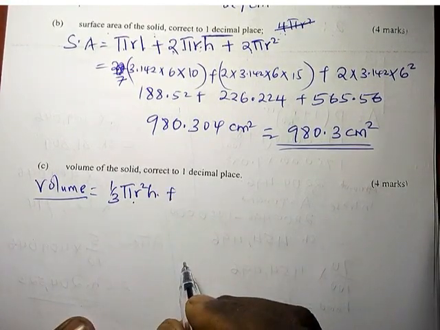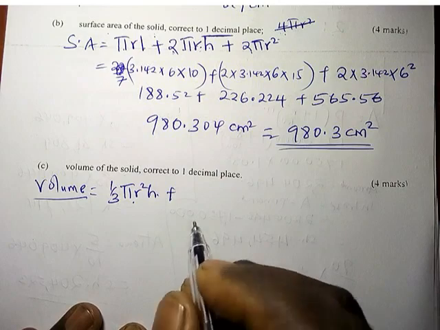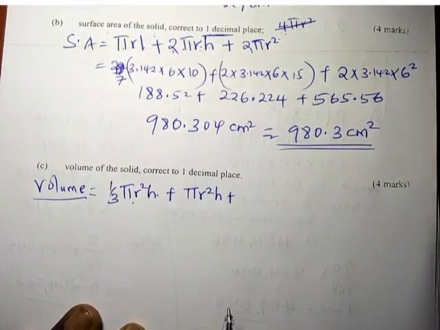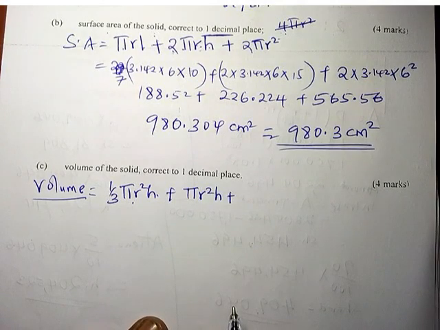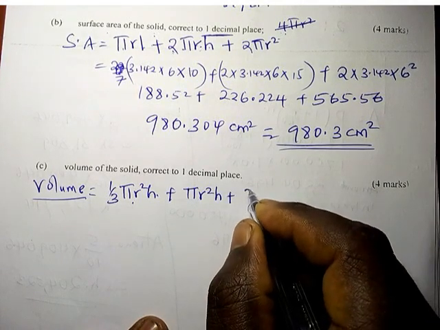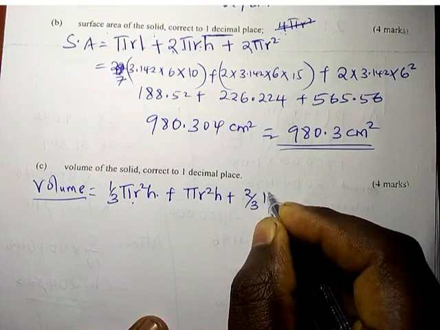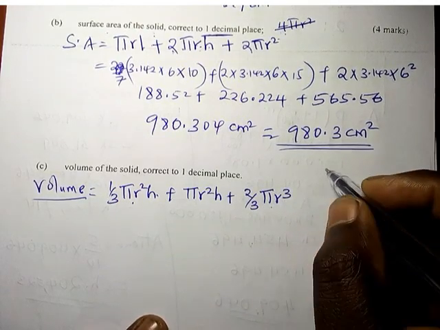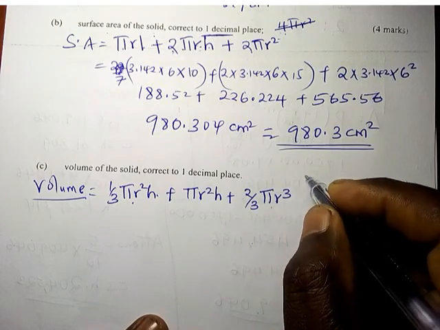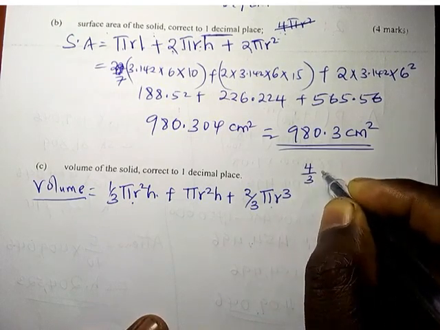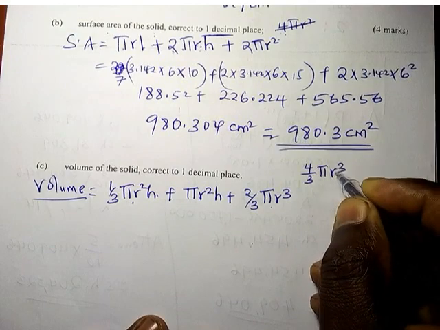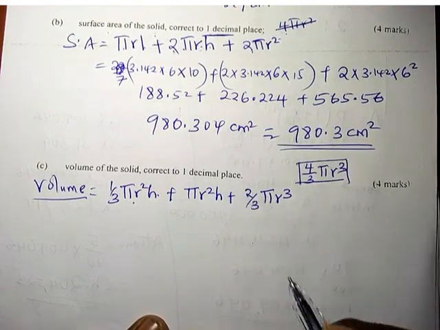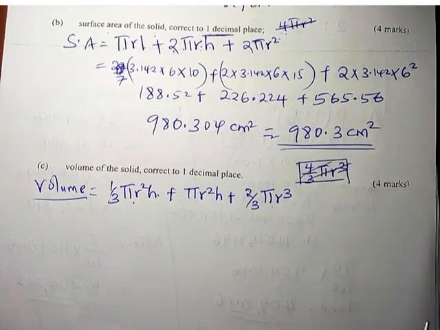Plus the volume of the cylinder, which is pi r square h, plus the formula of the hemisphere. Hemisphere is 2/3 pi r cube. Remember, the formula for calculating the sphere is 4/3 pi r cube. Hiyo ni sphere. So hemisphere is a half, ndio maana tunatumia 2. Sawa.